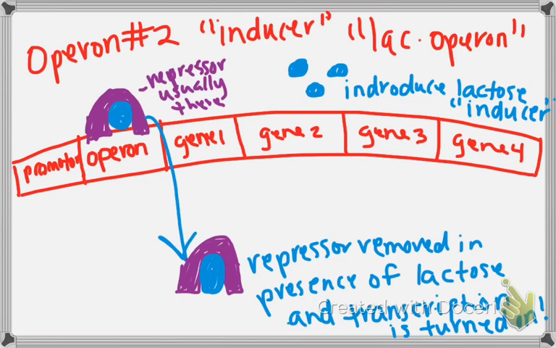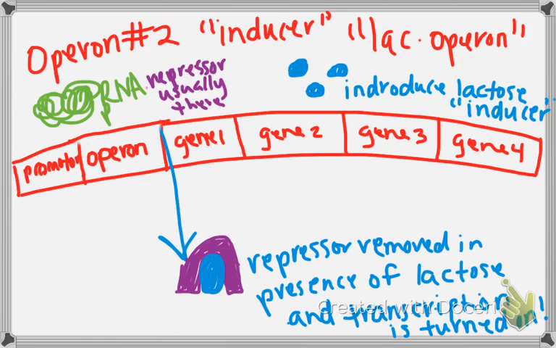And because it filled in that space, it could not fit on the operon anymore. Because it can't fit on the operon anymore, well, it's been removed. Now, RNA polymerase can now come and sit down on the promoter and start going through transcription and reading those genes to be transcribed.